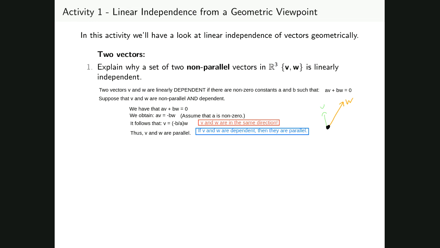An interesting point about this proof is that we didn't need to use R3, right? This actually holds in any dimension. So this argument about parallel and non-parallel works in any dimension, which is kind of interesting.